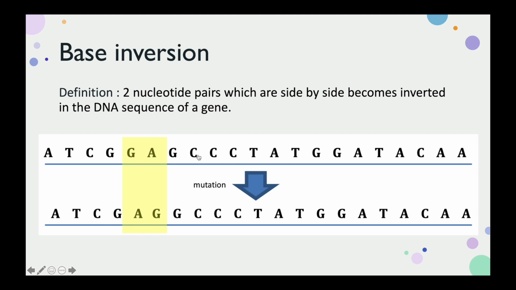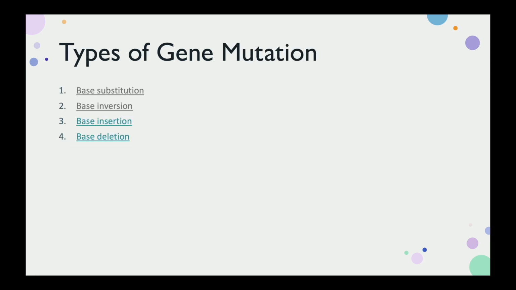Everywhere else is the same before and after, except for this G and A, which are located side by side. After mutation, this G and A has become inverted in sequence and become A, G. The next type of gene mutation is base insertion.